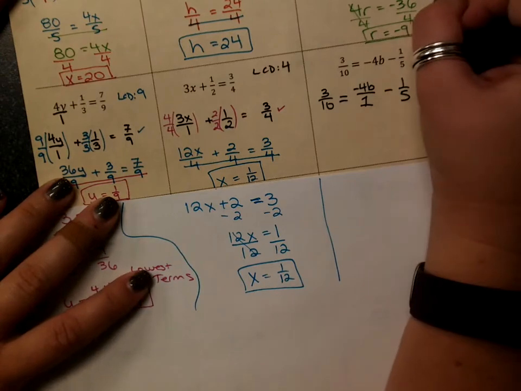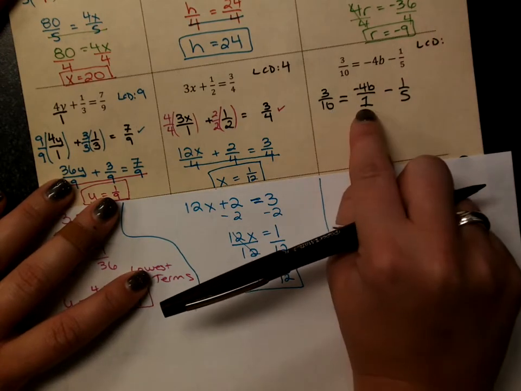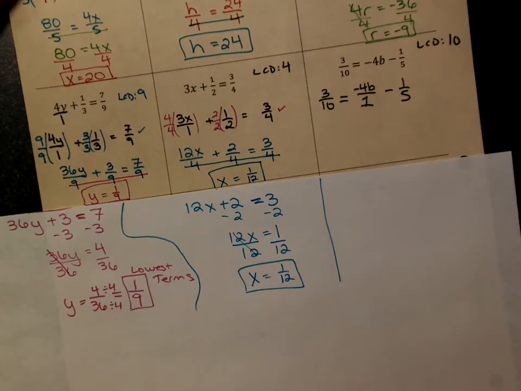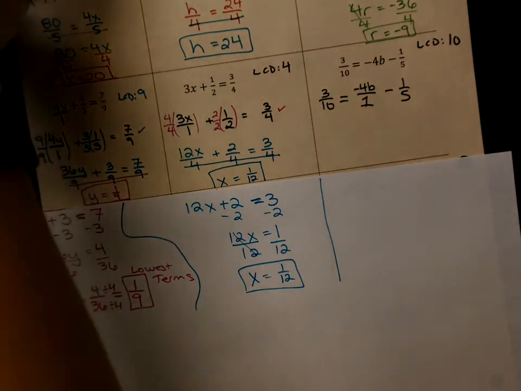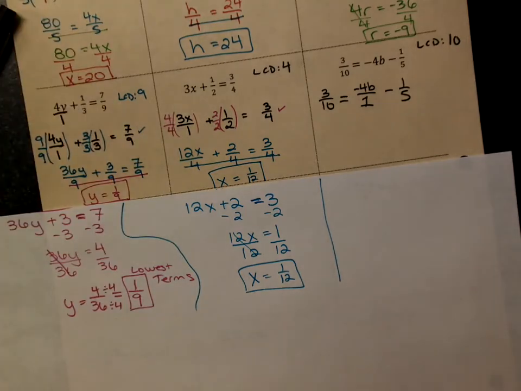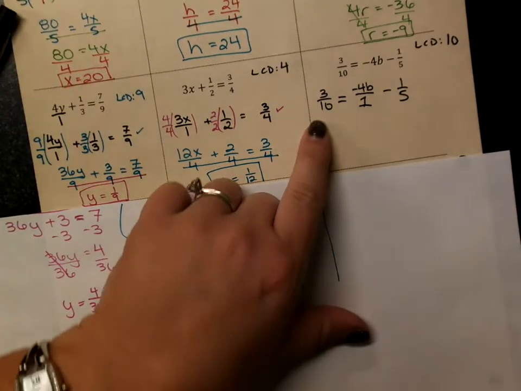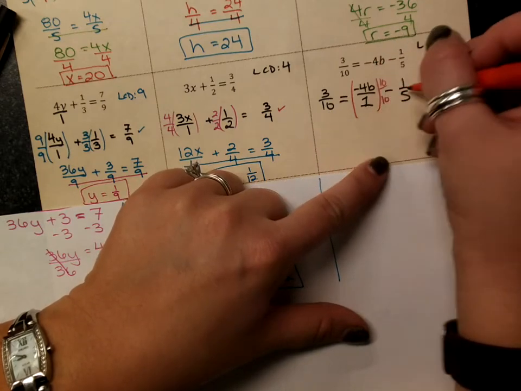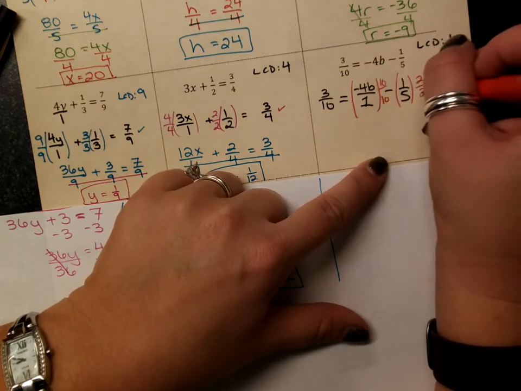Now we need an LCD between 10, 1, and 5. That would be 10. So 3 over 10, we don't have to do anything. This one we're going to have to multiply by 10 over 10, and this one we'll need to multiply by 2 over 2.